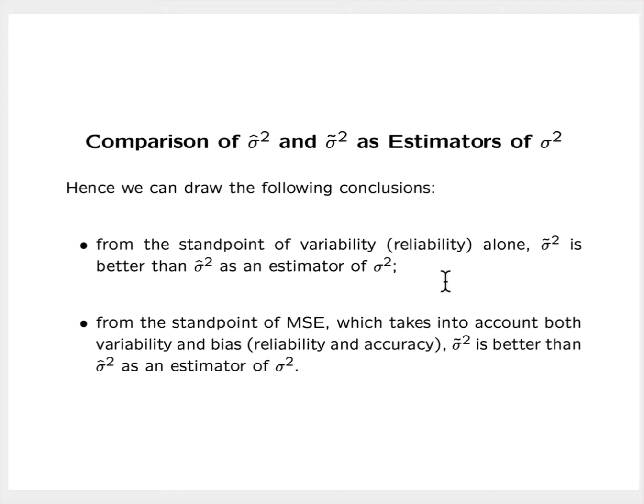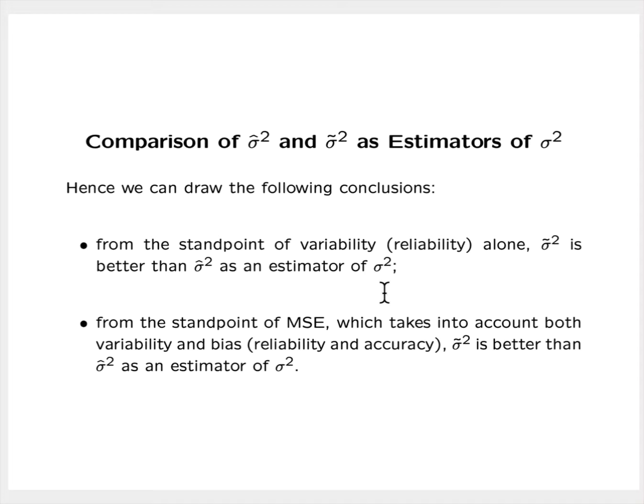From the standpoint of reliability alone, and what we mean by that is the variability. The reliability and the variability are inversely related. So the greater the variability, the lower the reliability. The lower the variability, the greater the reliability of the estimator. So from the standpoint of variation or reliability alone, sigma tilde squared is better than sigma hat squared as an estimator of sigma squared.